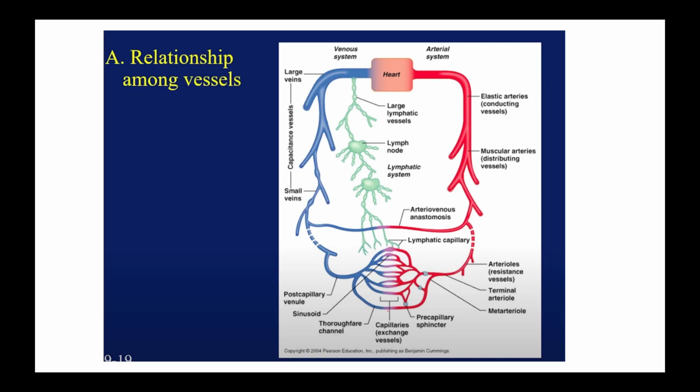From the capillaries, vessels form again and ultimately fuse with the venous system, and it goes to the heart, and with the help of the lungs it is oxygenated again and comes back.